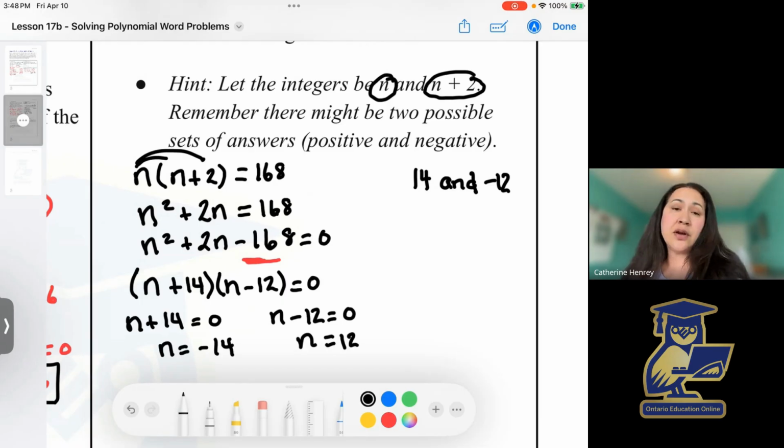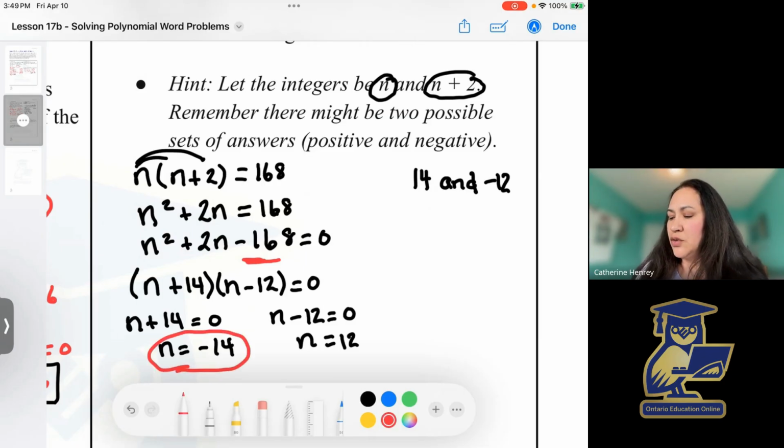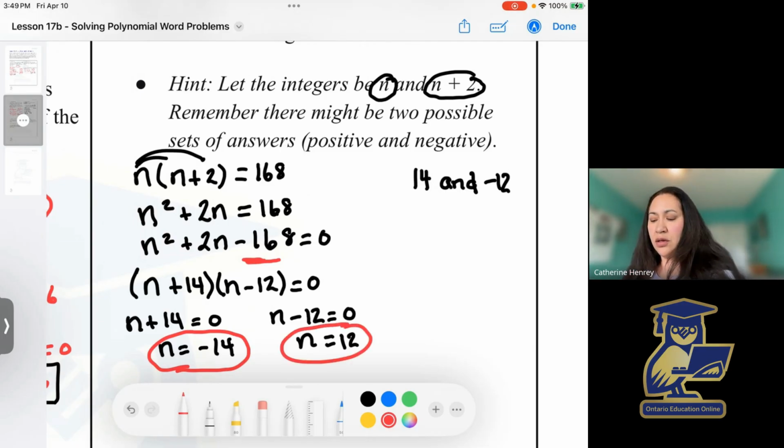Now let's consider the context of this problem. Here, we're only looking for integers. So can integers be negative and positive? Well, yes, they can. So we actually have two solutions here. So one integer could be negative 14, and the other integer could be 12. What does that mean for the problem?